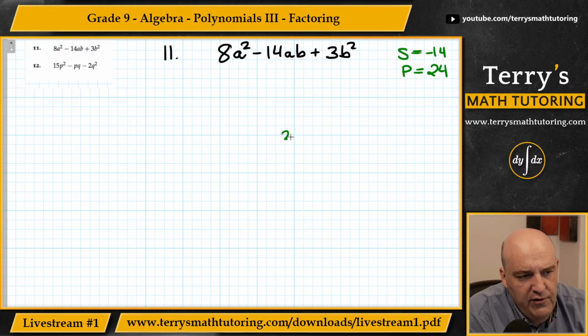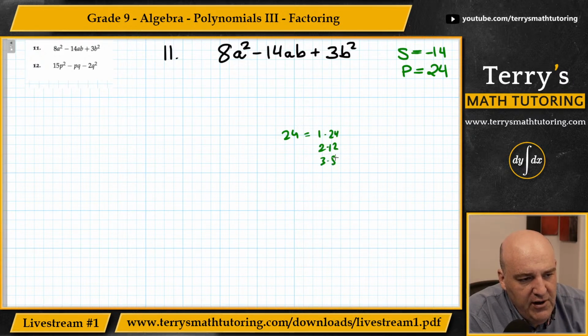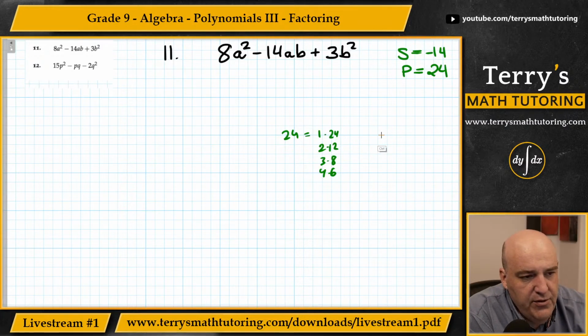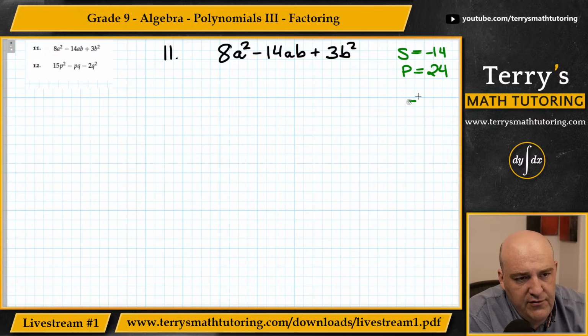Well, there's quite a few ways to multiply to 24. You got 1 times 24, 2 times 12, 3 times 8, 4 times 6. And that's all. And I think that the only way to get 14 is with the 2 and the 12. And I think they both have to be negative. So those are the nice numbers.